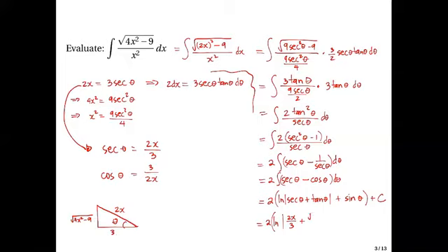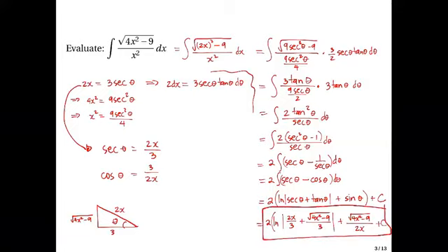So this is the square root of 4x squared minus 9 over 3. And then sine theta, that's opposite over hypotenuse. So we have the square root of 4x squared minus 9 over the hypotenuse, which is 2x. And then you have the plus c. So this is your final answer.